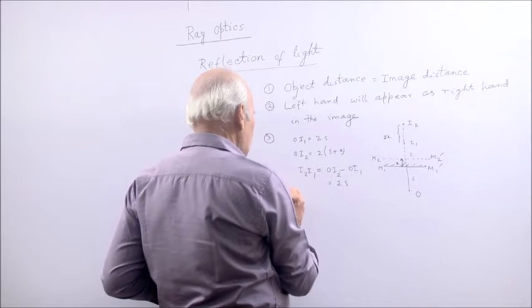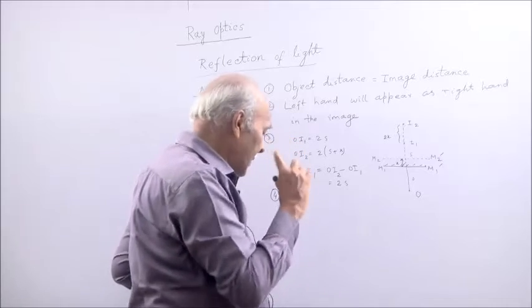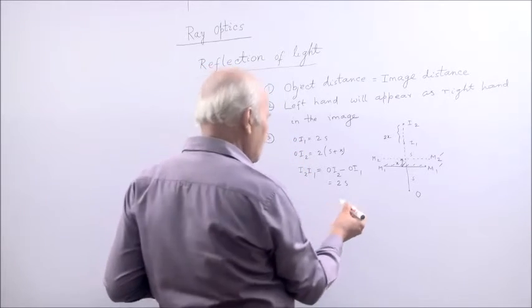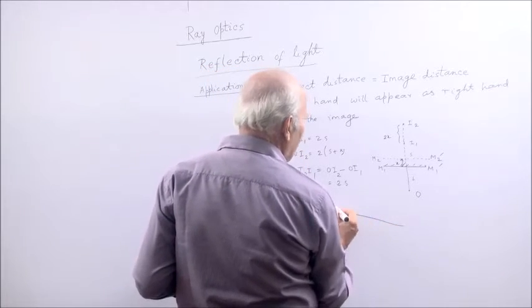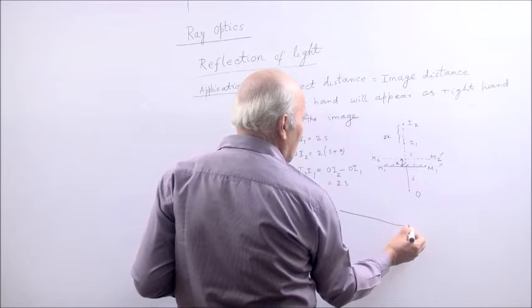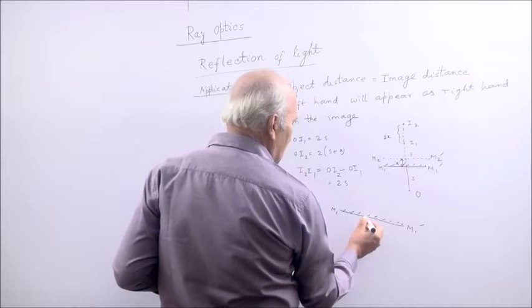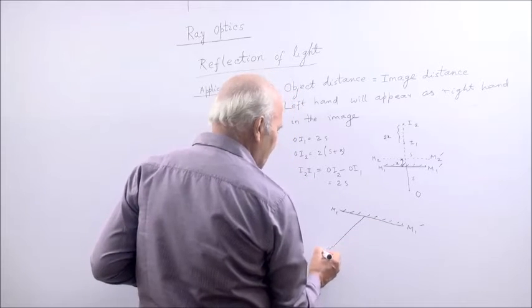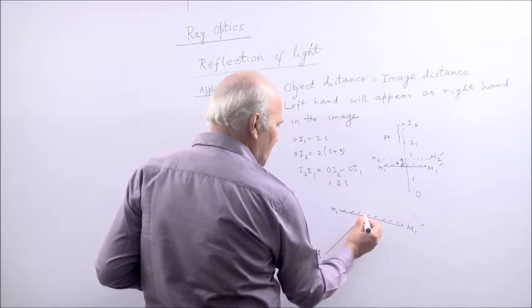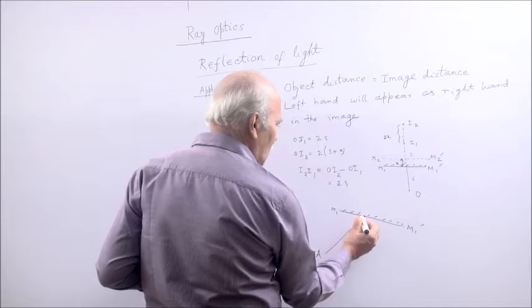So this is one thing, and another thing is also, suppose you have a similar thing. Suppose there is a plane mirror M1, M1 dash, and there is an incident ray, say AO.